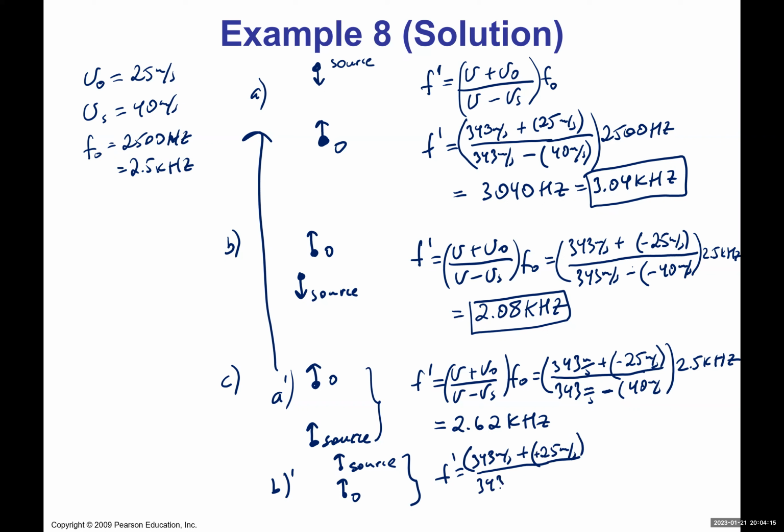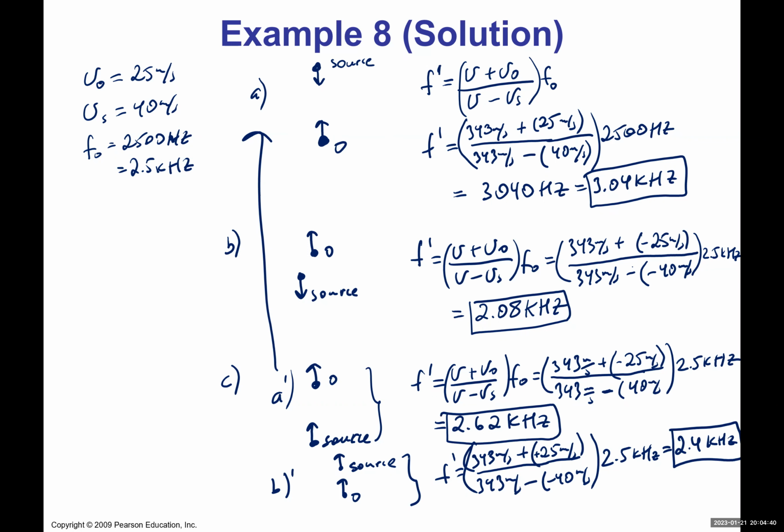Then 343 meters per second minus, but this time the source is moving away from the observer, so minus 40 meters per second. All right, then 2.5 kilohertz. Plug it in. The answer here is 2.4 kilohertz. And that's the answer for this modified part B.